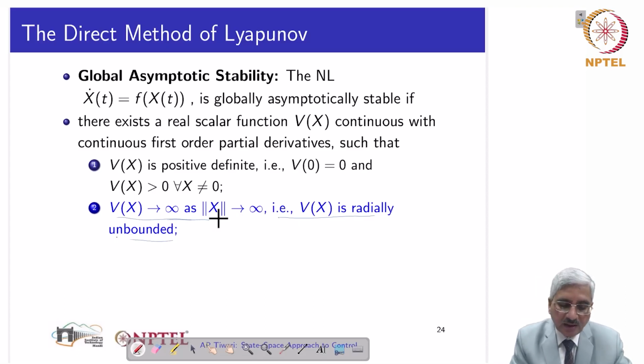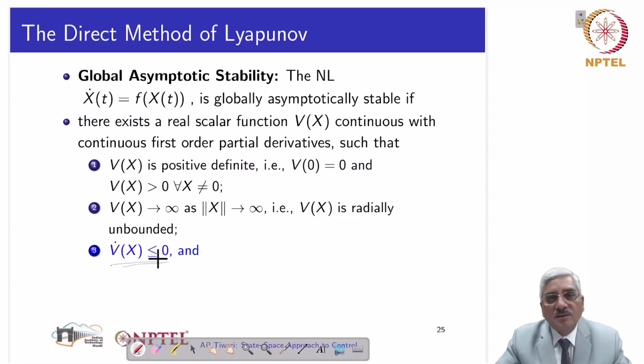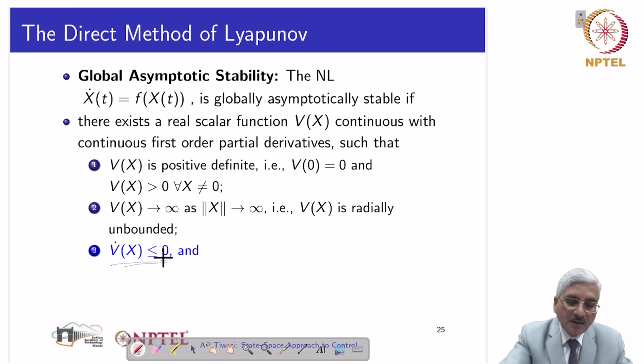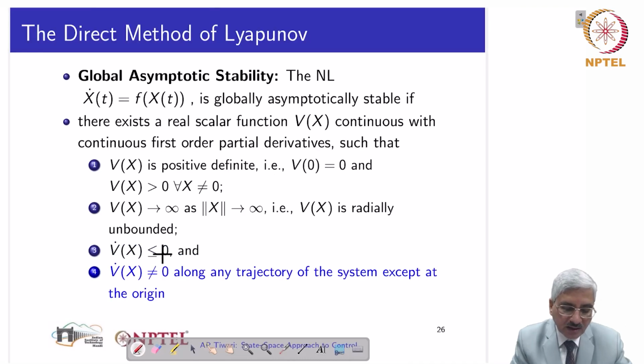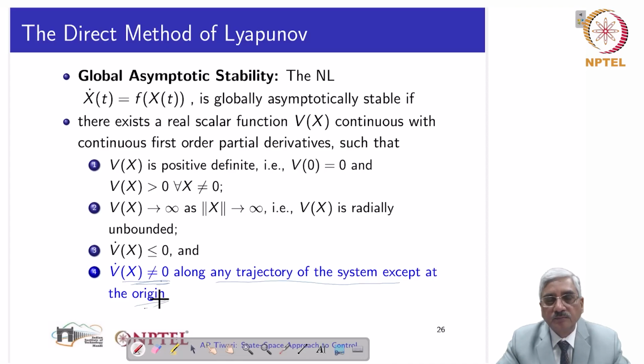That means whenever x tends to infinity, V(x) also tends to infinity. So if all this happens, and V dot is negative semi-definite, and it should satisfy that it should be non-zero along any trajectory of the system except at the origin.